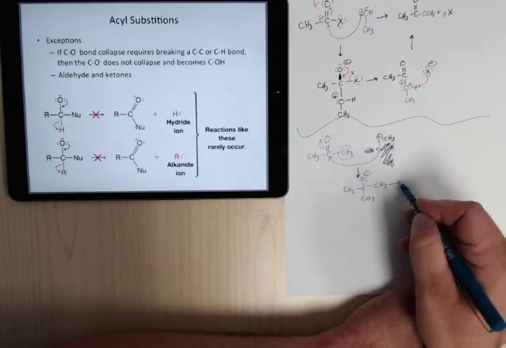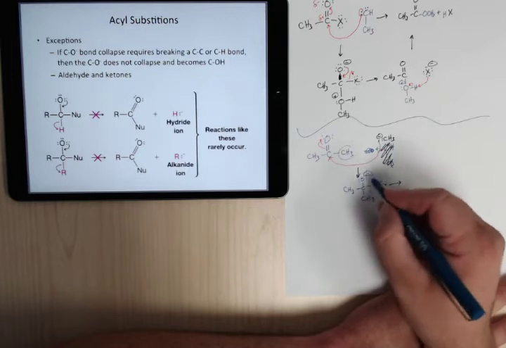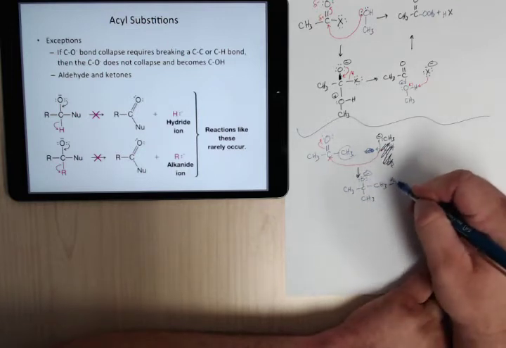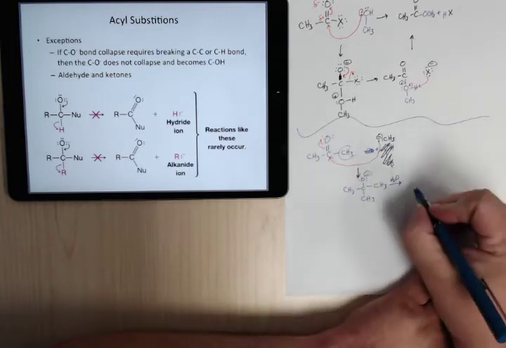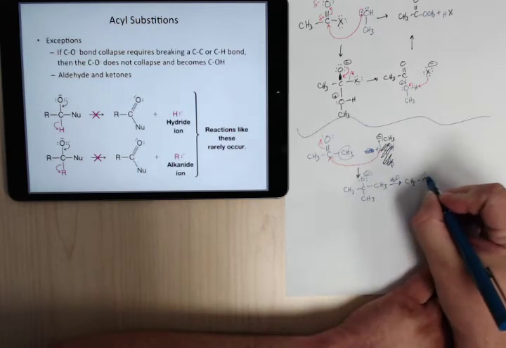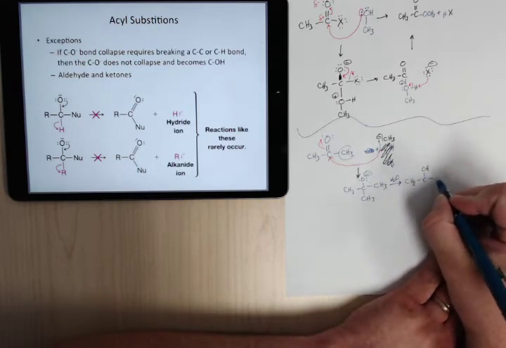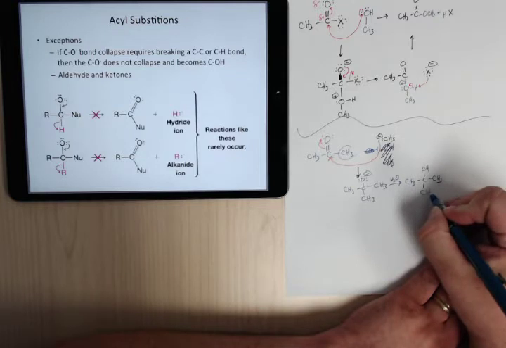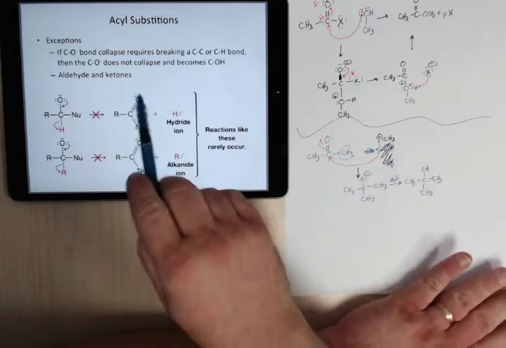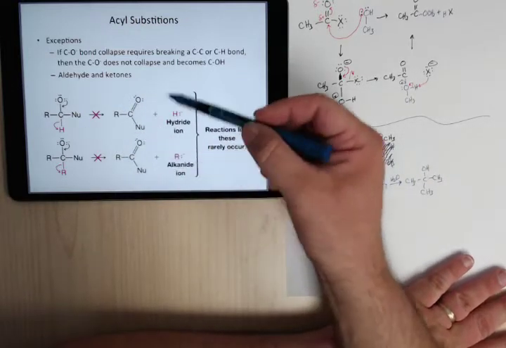So what ends up happening is this is stuck as an O-. So when you dump water at the end to quench the reaction, this ends up going to an alcohol.